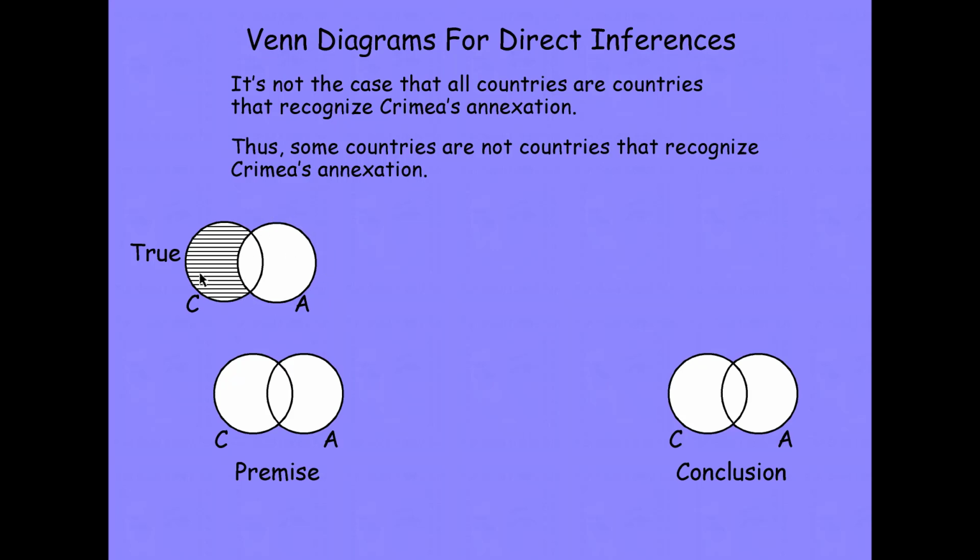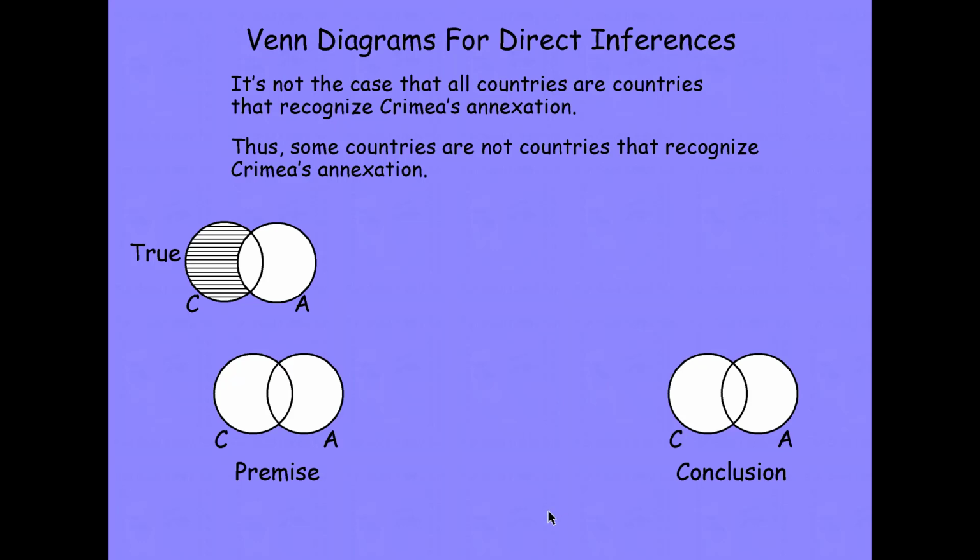And so this area, C and only C, the part of C that's outside A, that has to be empty in order for the standard form categorical statement to be true. So we know that in order for this standard form categorical statement to be true, the one that's embedded in our premise, C and only C, this area in our diagram, has to be empty. It's shaded.